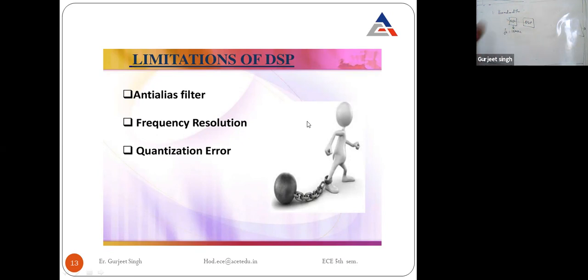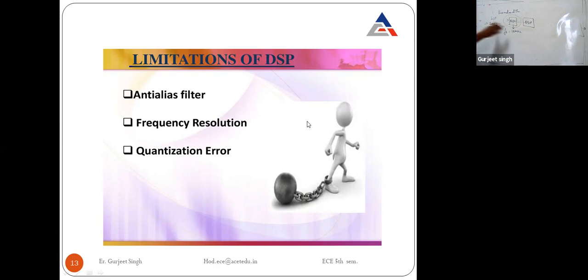So if my input signal is more than 8 megahertz, this ADC will not work for that kind of signal, because its sampling frequency is 16 megahertz. So there is a bandwidth problem.